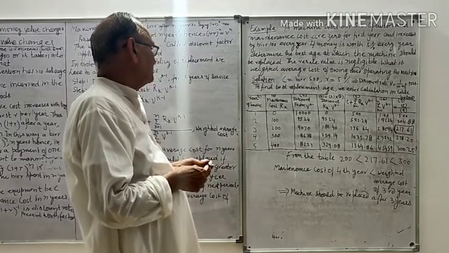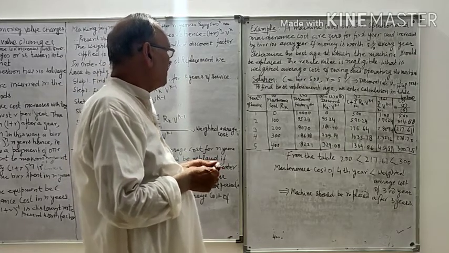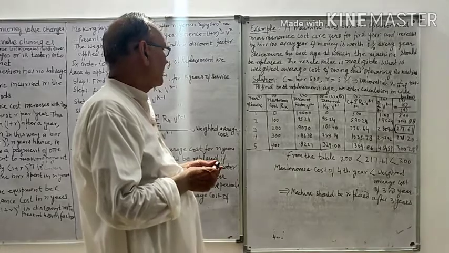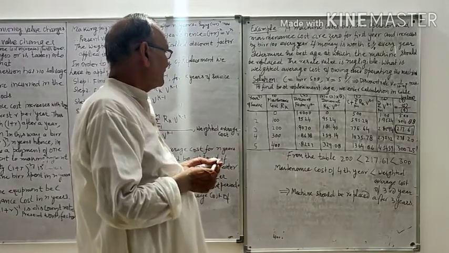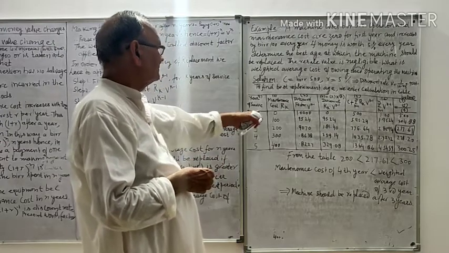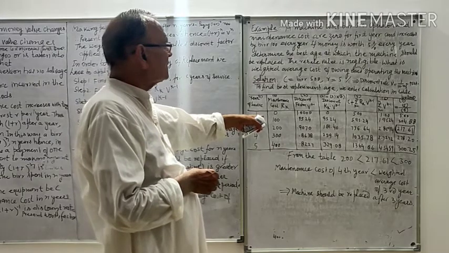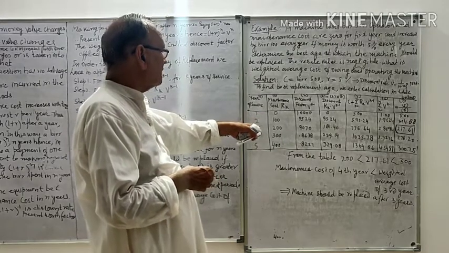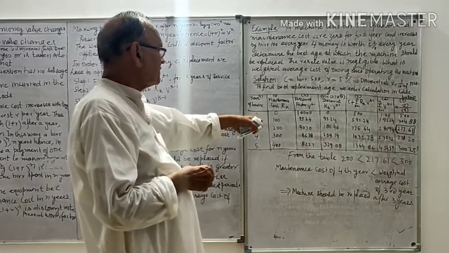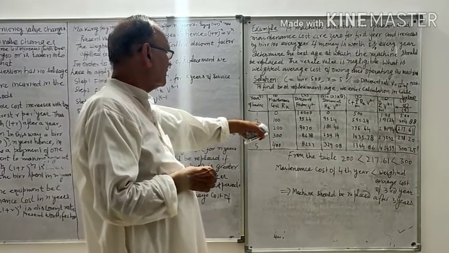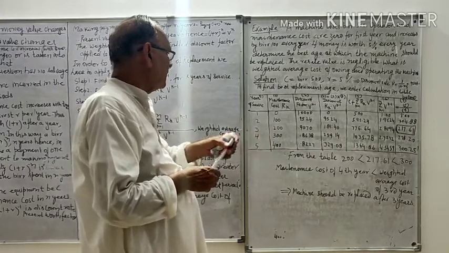First column, year of service 1, 2, 3, 4, 5. Maintenance cost Rk, k is equal to 1 to 5. So the first year maintenance cost is 0 and then it is increased by 100 every year.